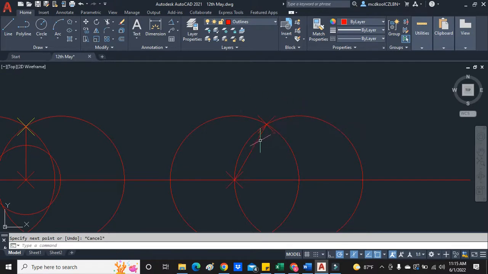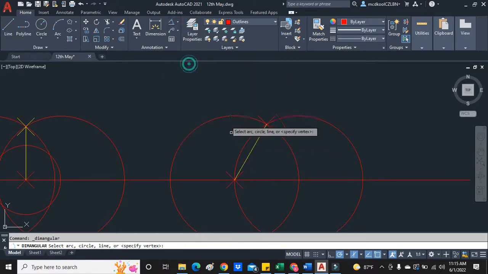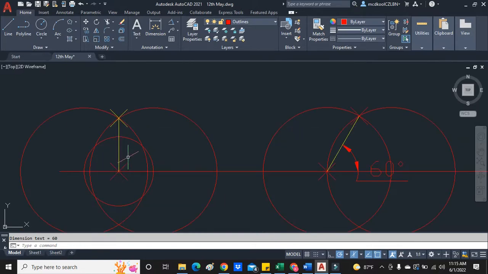So let's check to see if that yellow angle there is correct. See a 60? All right, so we just constructed a 90, we just constructed a 60.